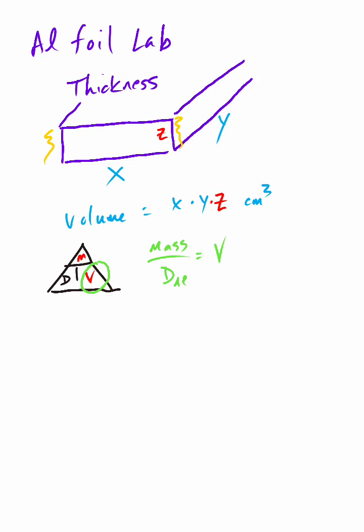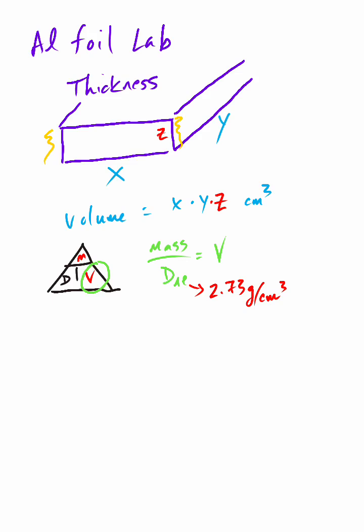It is 2.73 grams per cubic centimeter. Many of you got this in your cube lab set of data. You were 2.7, 2.8. Anyway, let's use this piece of data for our density of aluminum.